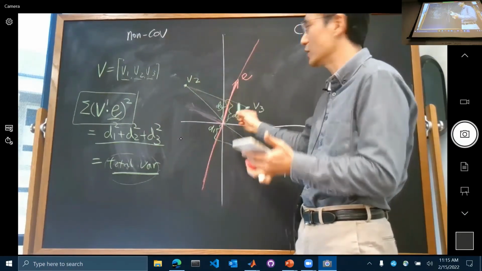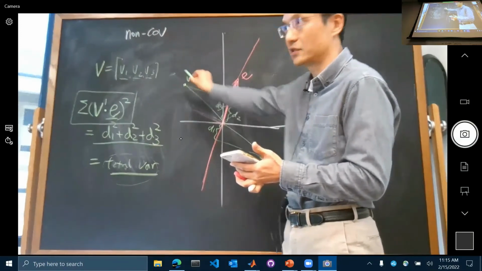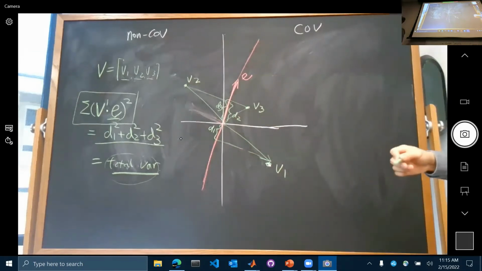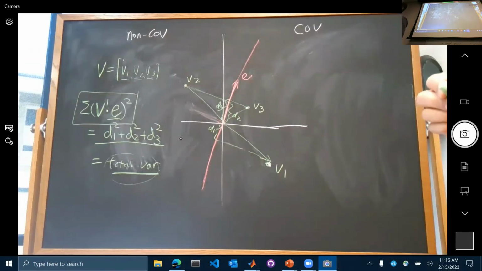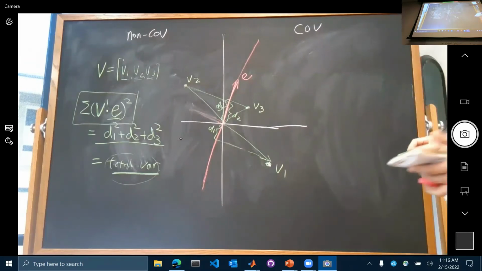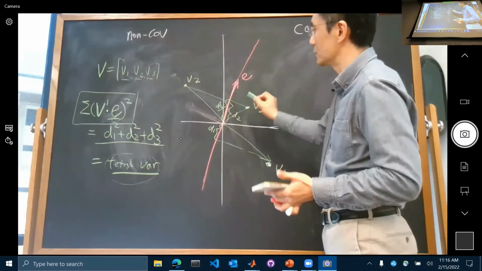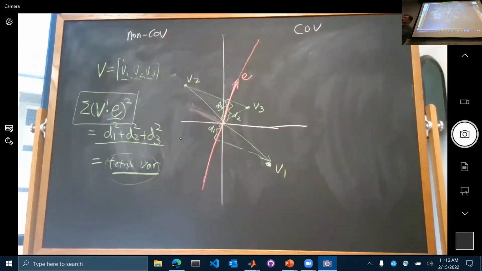I can try a lot. At the end, I will find that when my E points in that direction, I have a large separation of the data. Yeah. This is for the projection and not the distance, right? Yeah, that's a projection. The projection and the distance are orthogonal. Right. So if you have a larger distance, you have a small projection.